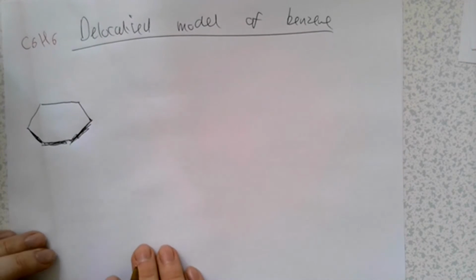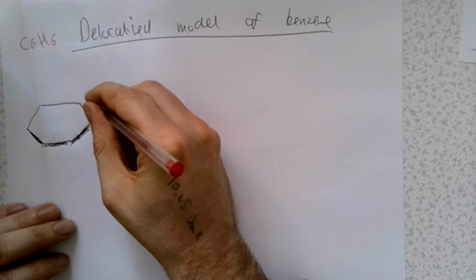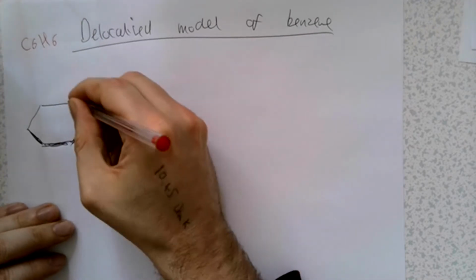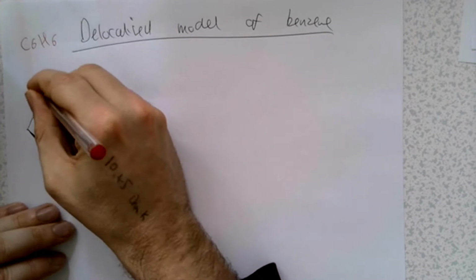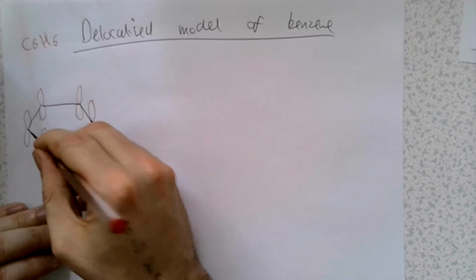So just have a little think, try and remind yourself, what does a p orbital look like? What shape does it have? Okay, so it is like a dumbbell shape. So each of these carbons, I'm trying to do this as neat as I can, my handwriting isn't the best.